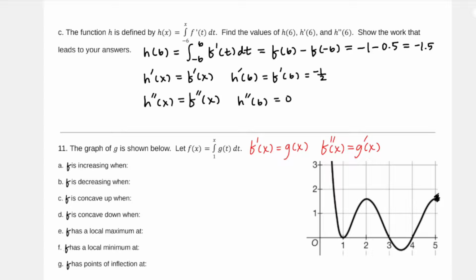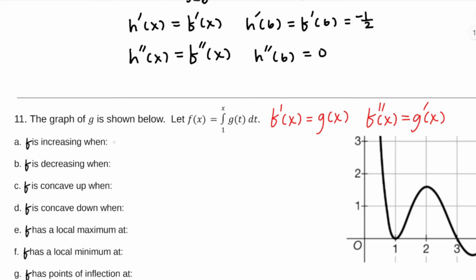So, less than 3 and greater than 4, or 4 to 5, on those intervals, because the first derivative is positive. I'm going to come back and write in all the answers afterwards. F is decreasing when the derivative is negative, so the graph of g, that's 3 to 4.